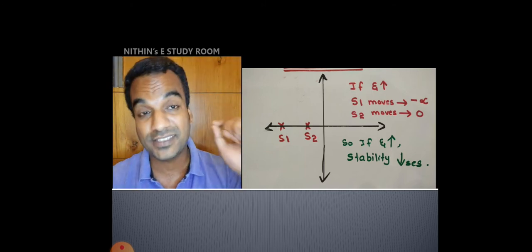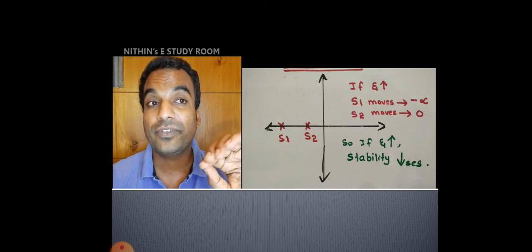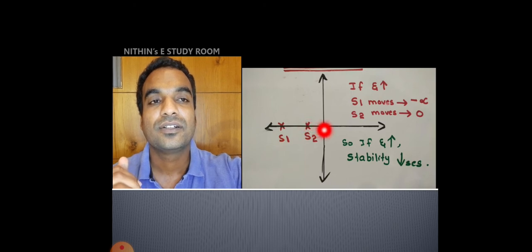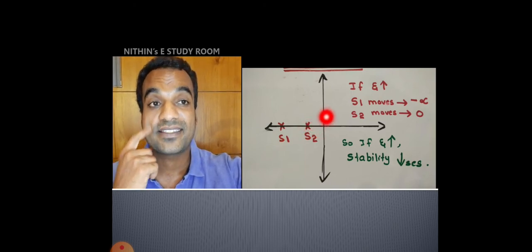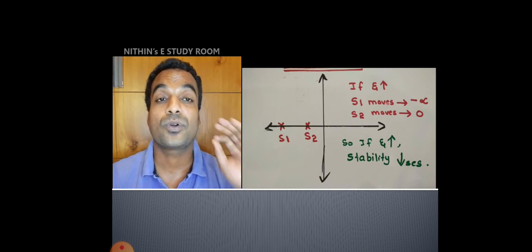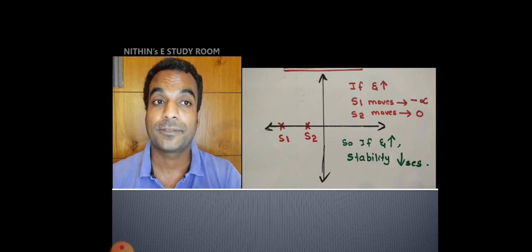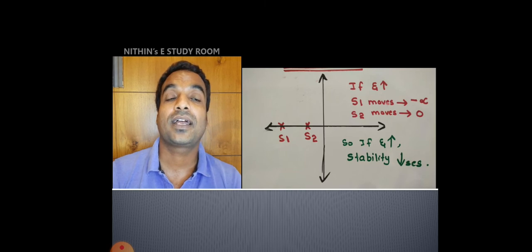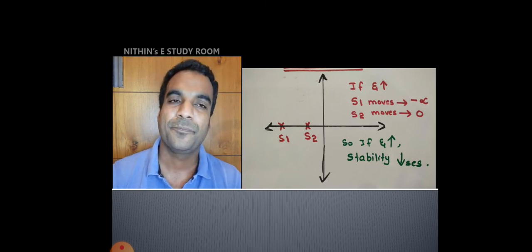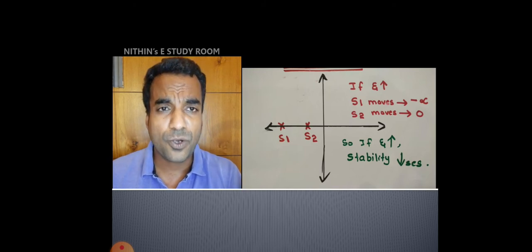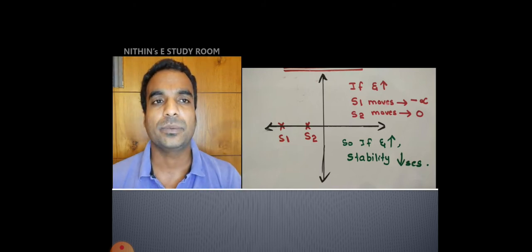But S2 is very significant, because when eta increases, S2 comes towards the right side. So we should watch S2. When eta increases, S2 comes towards the right side, which means stability reduces. If S2 jumps to the right side, the system will become unstable. Even though S1 is on the left half side, that has no bearing on the final comment about stability.